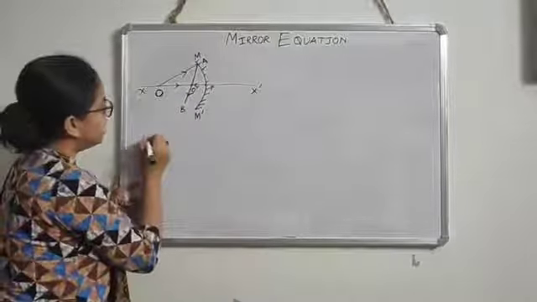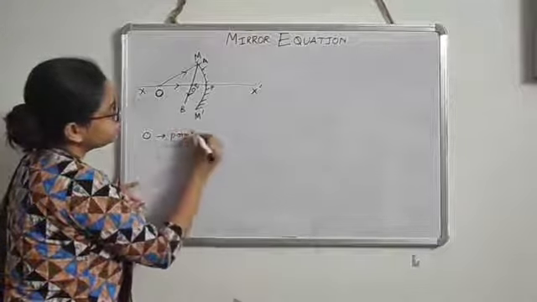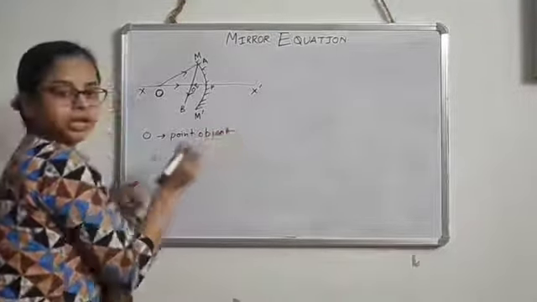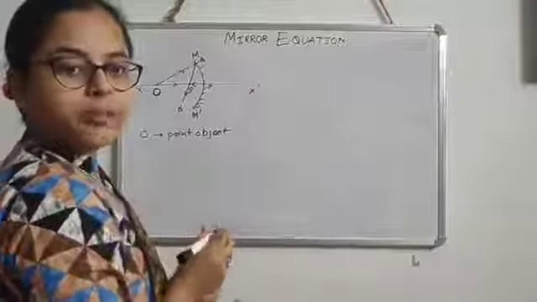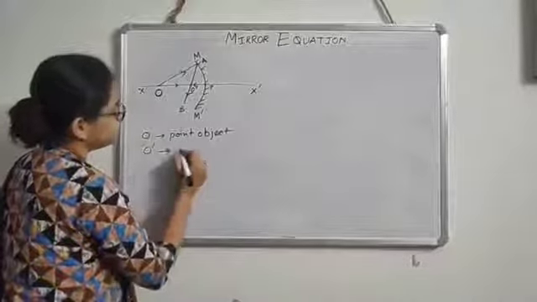Okay, so we can write that O is the point object and O dashed is the image.